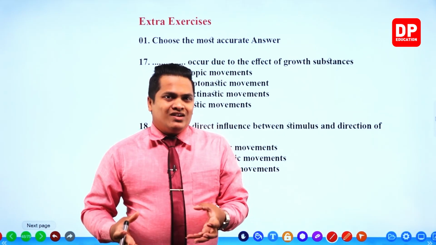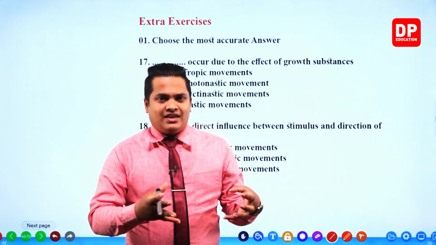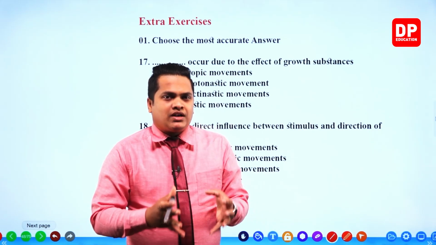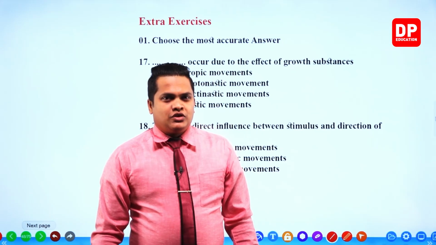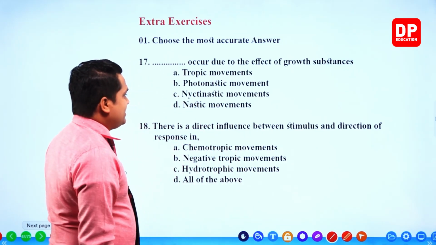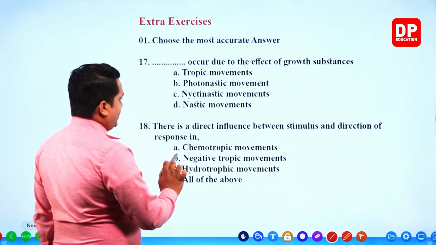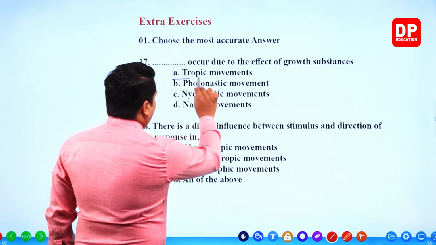So growing towards the light is called as a positive phototrophic movement. So it is a trophic movement. So growth substances are getting involved during trophic movements.